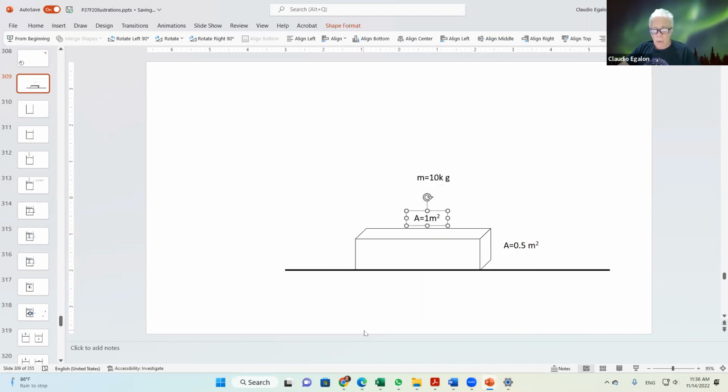Now the question is, what is the pressure that this object exerts on this surface? Again, to make it look like a surface, a two-dimensional surface, like that, right?